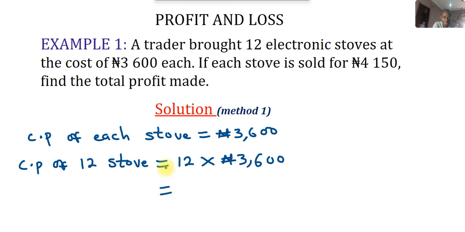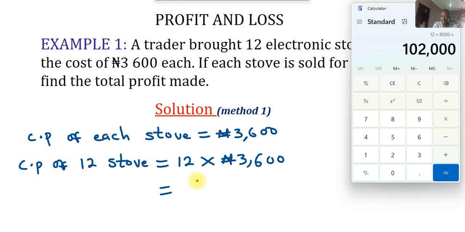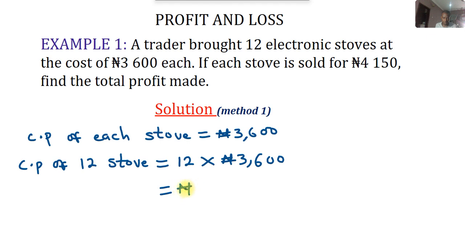If we multiply 12 by 3,600, we have 43,200 naira.